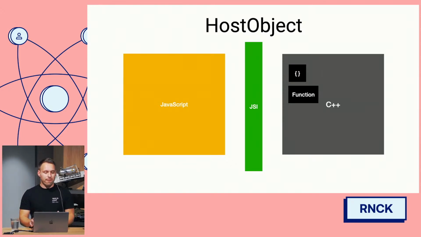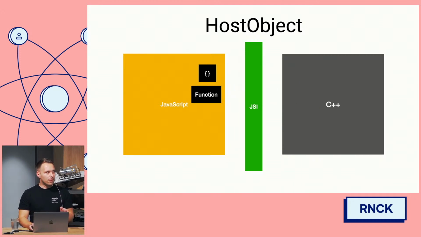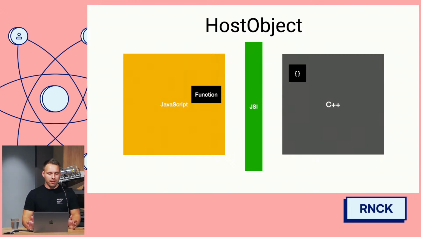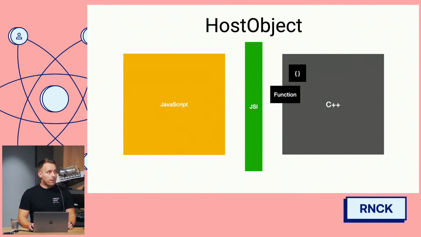You can also create a function and pass it to JavaScript. And if your user accesses some property, you will actually call code on the C++ side. Same with the function. If the user invokes the function, it will literally invoke a function in C++.